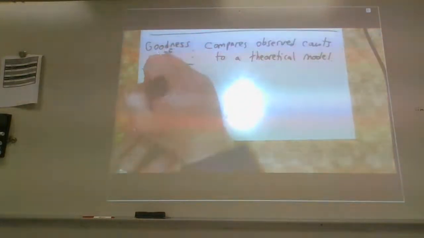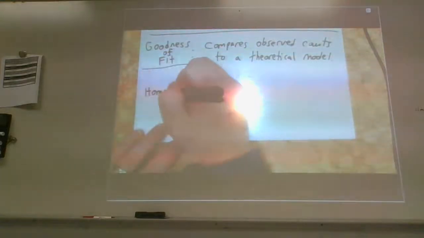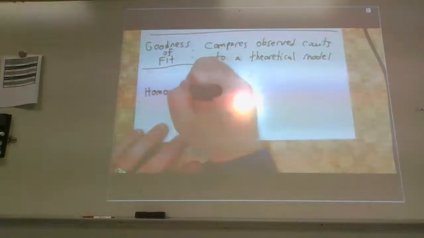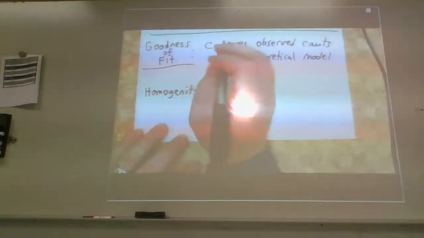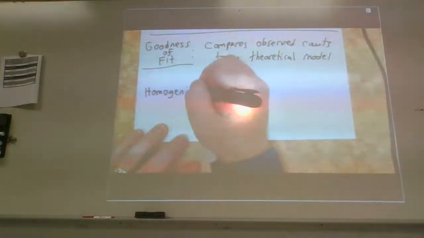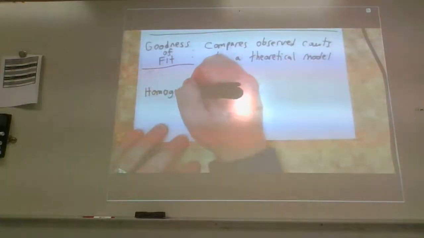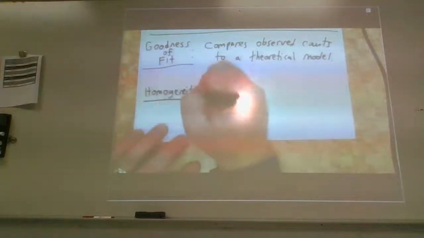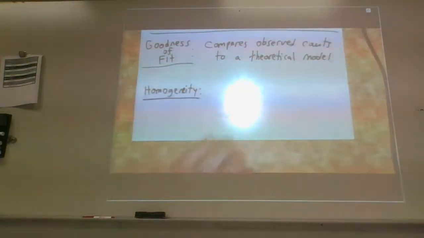This test is otherwise known as homogeneity.